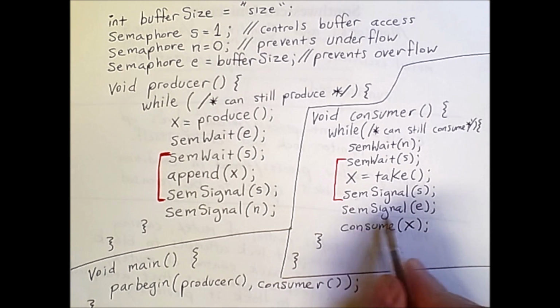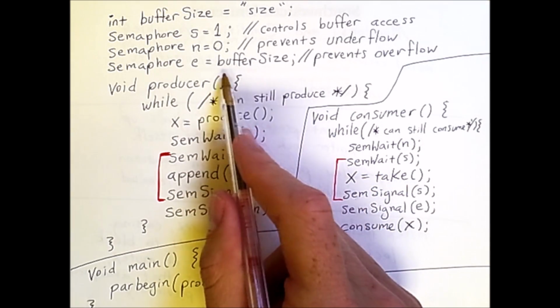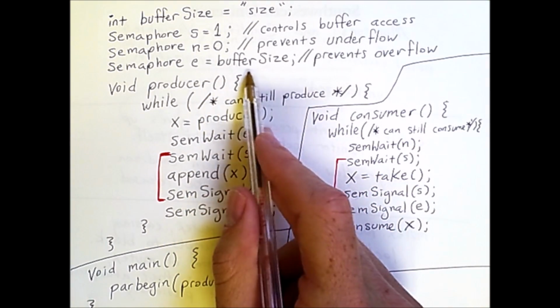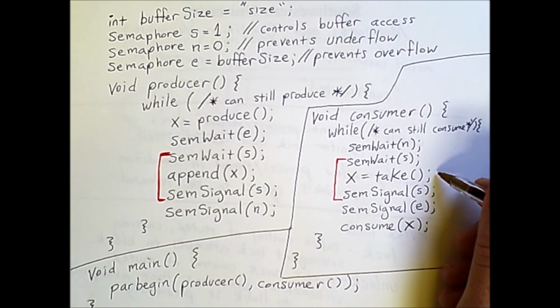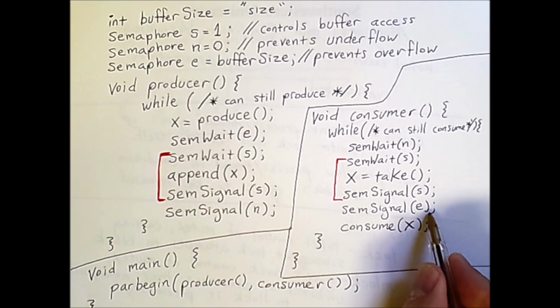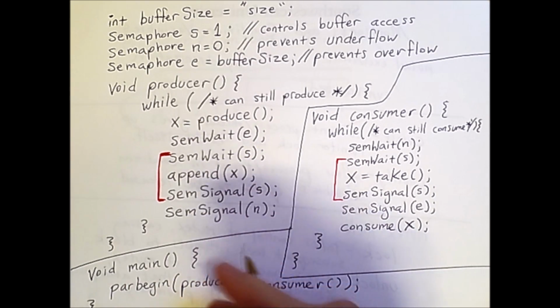So we will then semSignal on E. Remember, E is tracking how much empty space there is, and we've created a new empty space with this take command, so we now signal that so that a producer can go forward and produce more items.